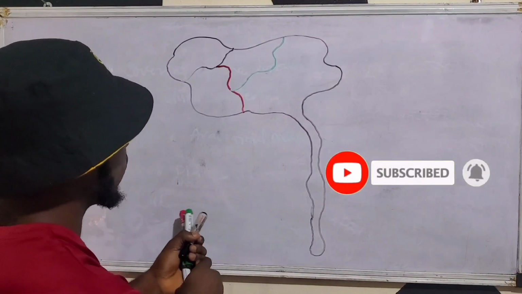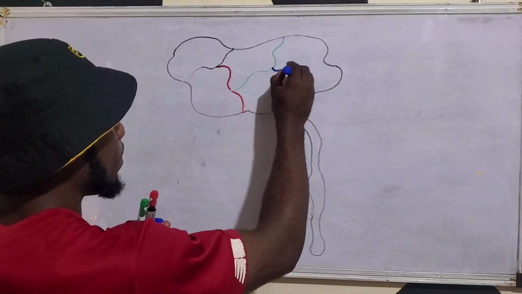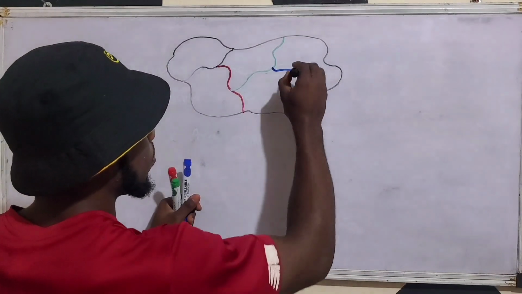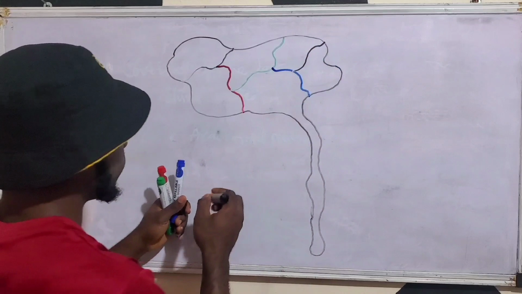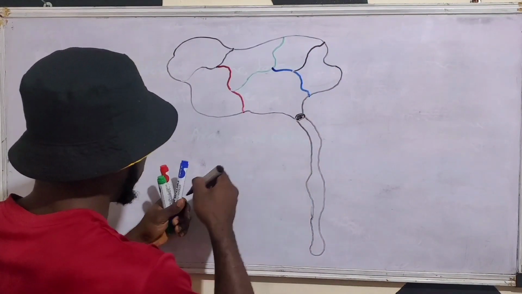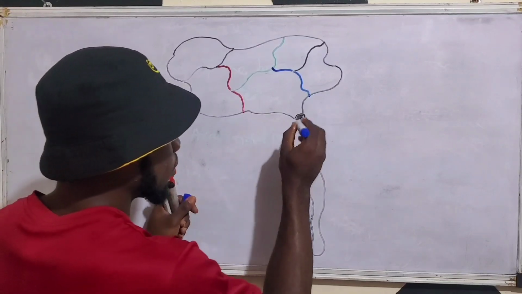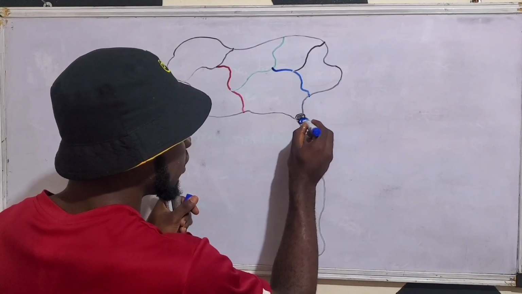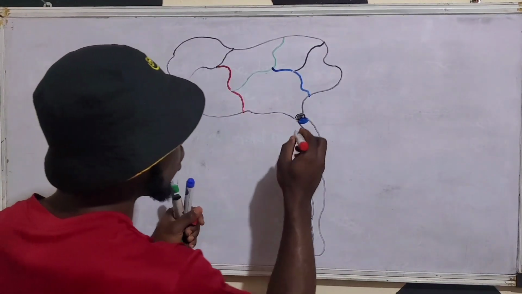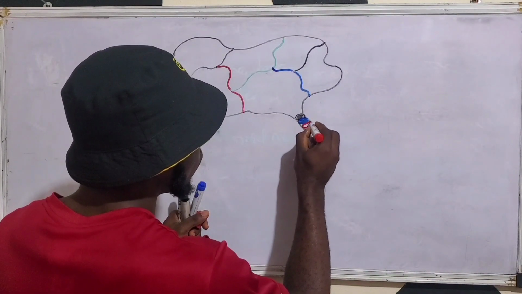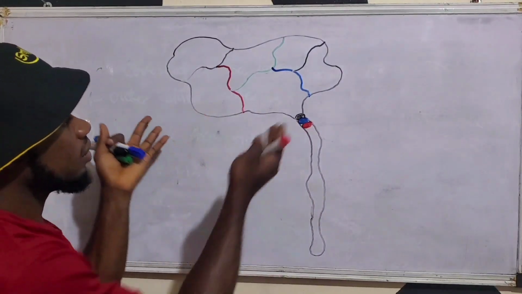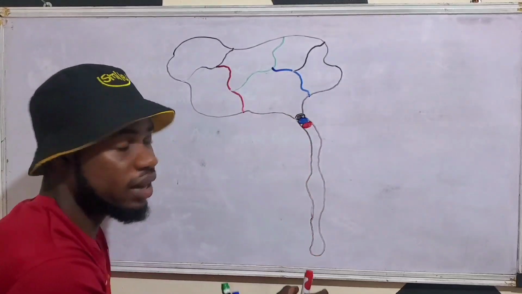This is to aid understanding. That's why I'm using different colors of marker, to aid understanding. Alright, this is the brain, this is the spinal cord.